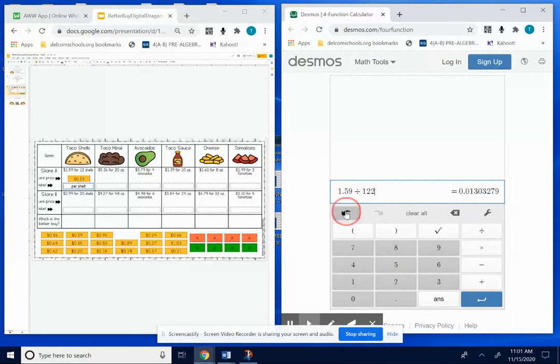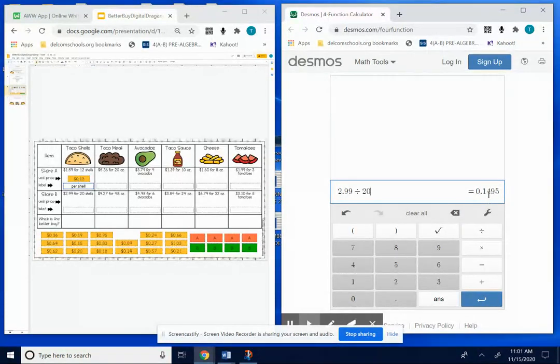Let's see, clear that out. $2.99 divided by the 20 shells. You don't have to push equals in Desmos. You just get the answer. So we get 0.1495. We want to round to the penny.